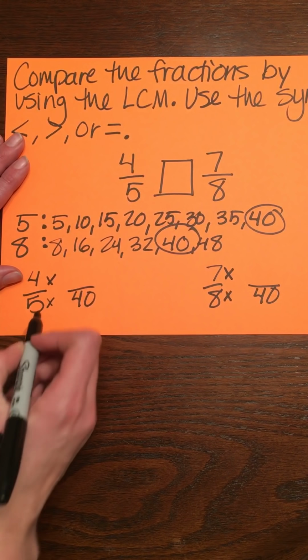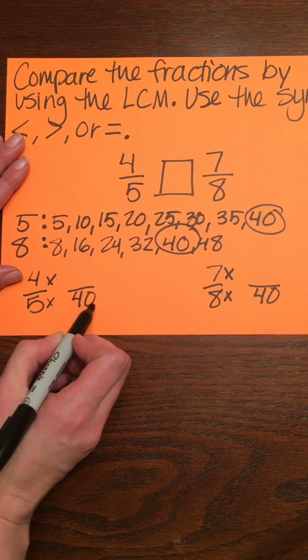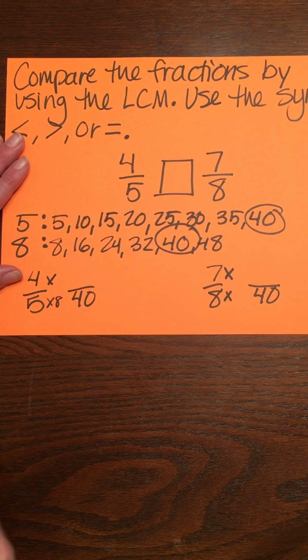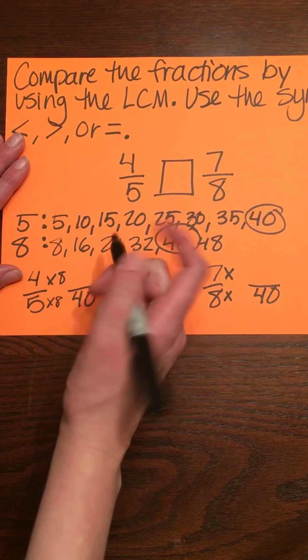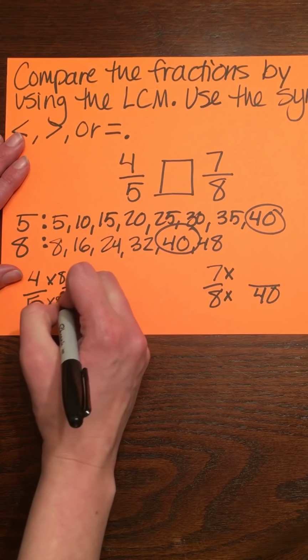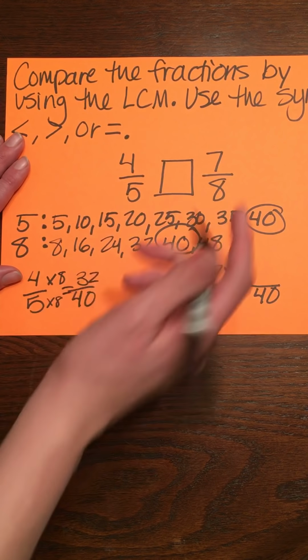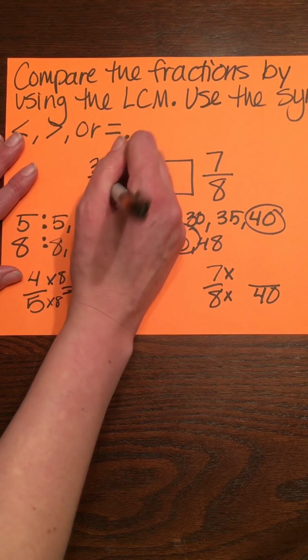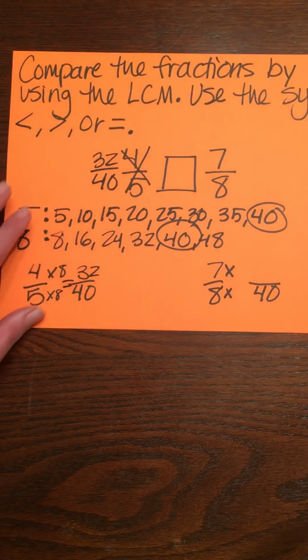We decide what to multiply the 5 by to get 40. If you times 5 by 8, you get 40. So we do the same thing to the top: 4 times 8 is 32. We're done with the first one, and we're going to write it right up here. That's our new fraction now.